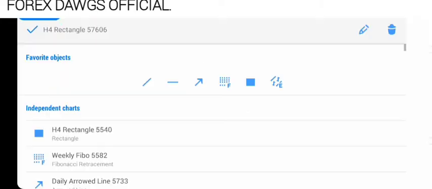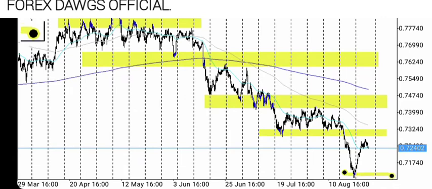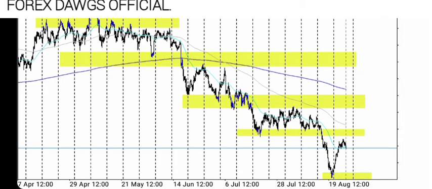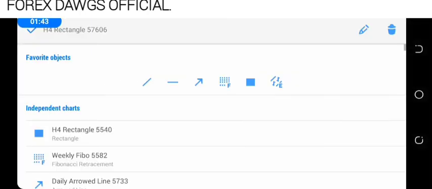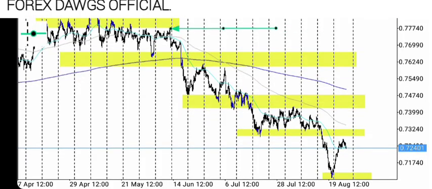And lastly, we had this drop up to here. So as you can see, we had our peak formation high, level 1 drop, consolidation, level 2 drop, consolidation, level 3 drop.